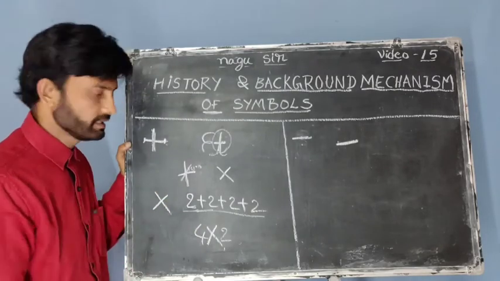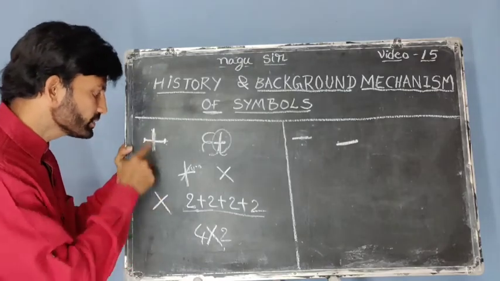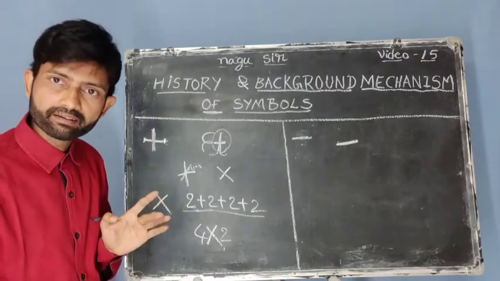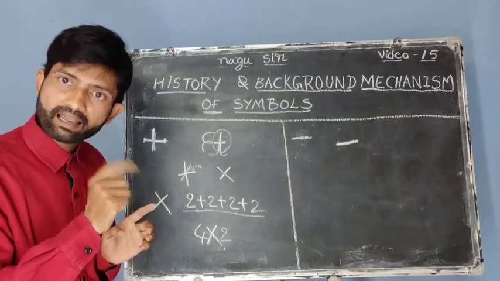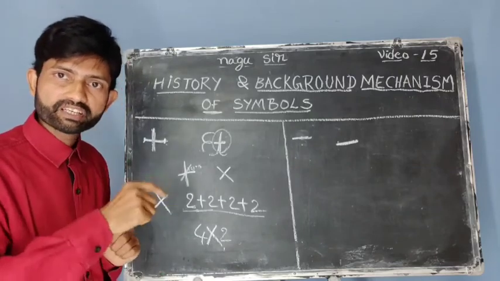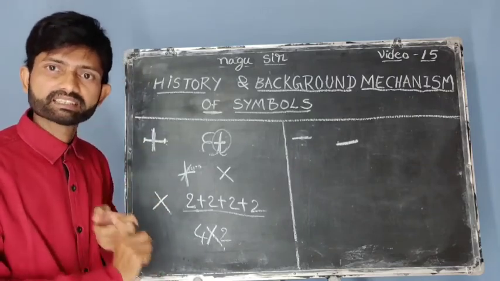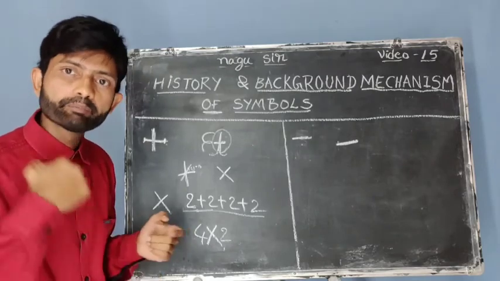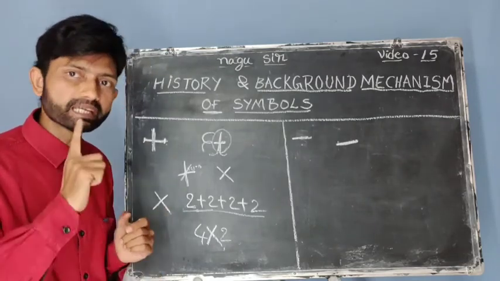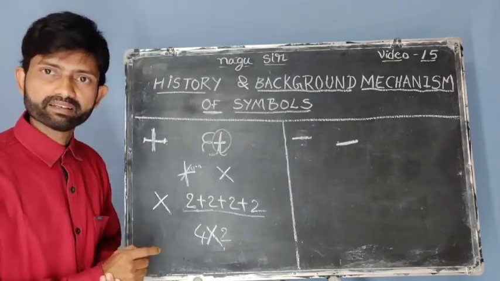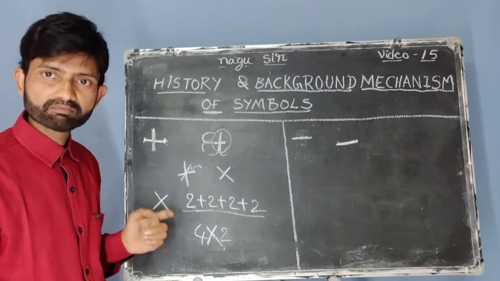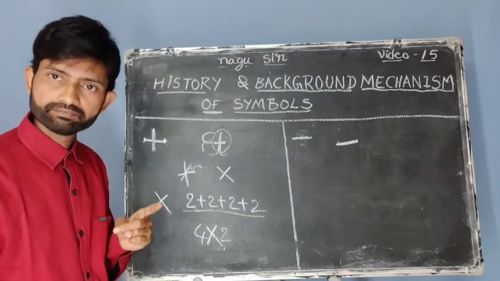Clear? Just as plus and into have a similarity, addition and multiplication have a relation. What is that relation? Repeated addition is called multiplication. It's very important. That's why the plus and into symbols have some similarities.